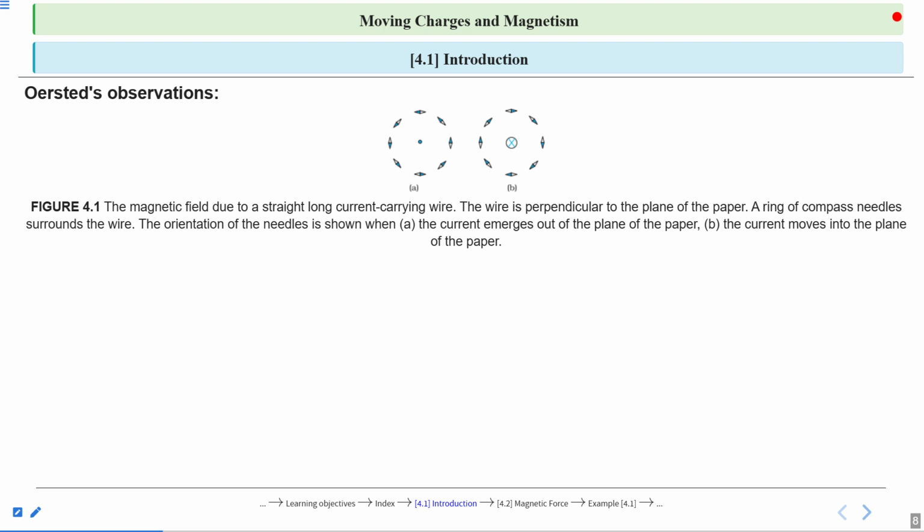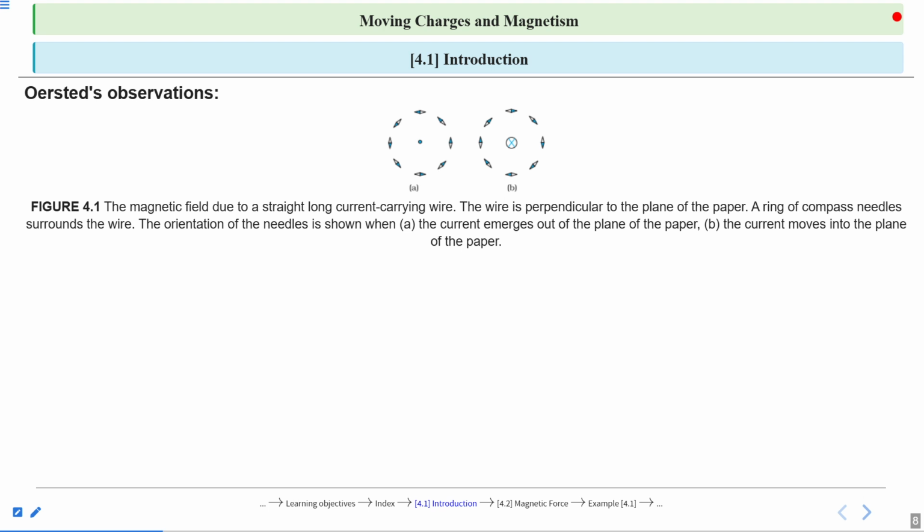This dot represents the current coming out of the screen or paper perpendicularly, and this cross represents the current going into the screen or into the paper perpendicular to the plane. These sign conventions we are going to use in our whole chapter.